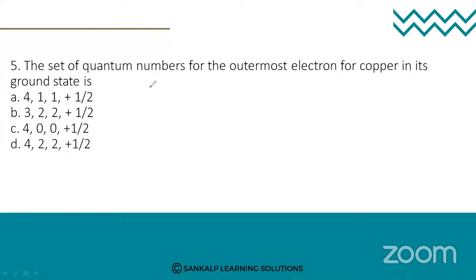Copper is 29. So let us start. 1s2, 2s2, 2p6. We know in s the maximum number of electrons is 2, p is 6, d is 10, f is 14.